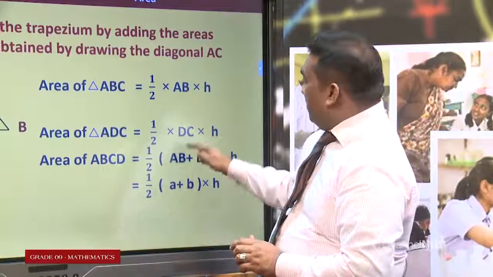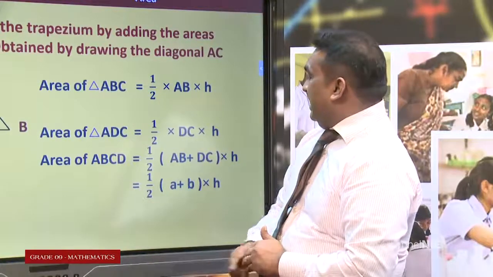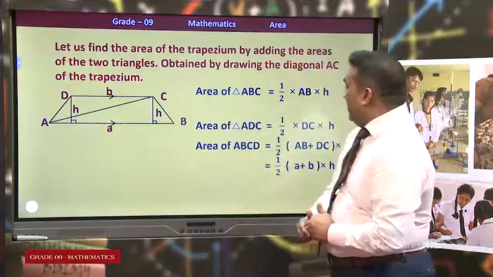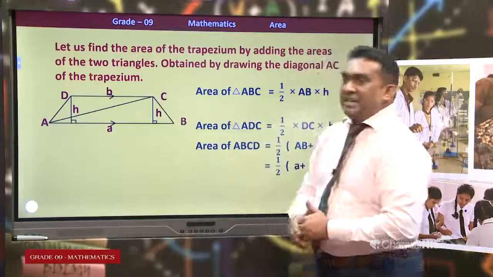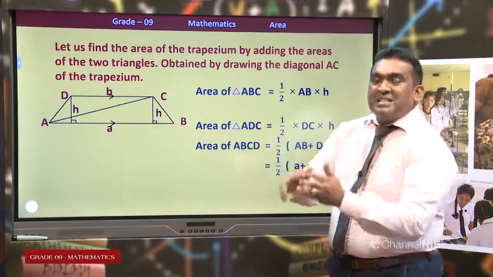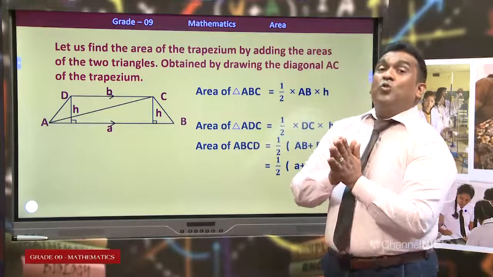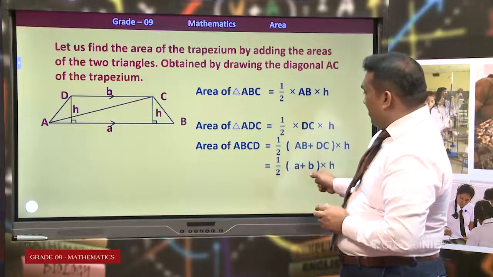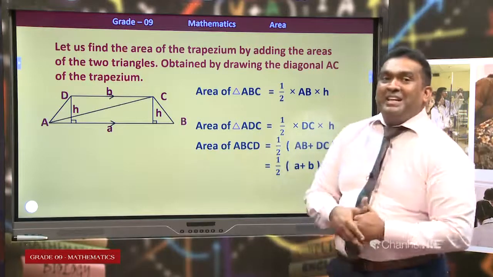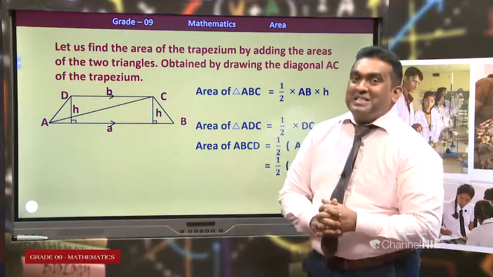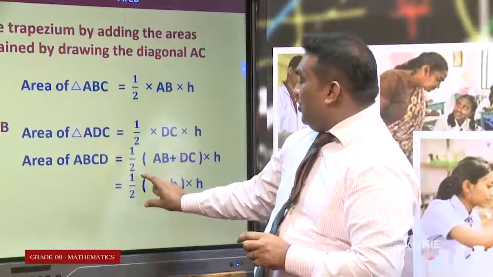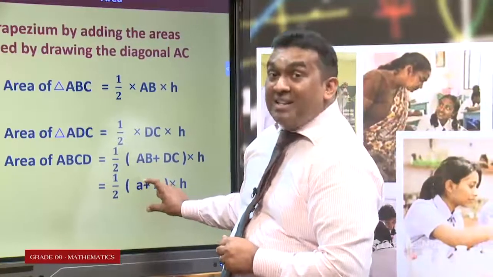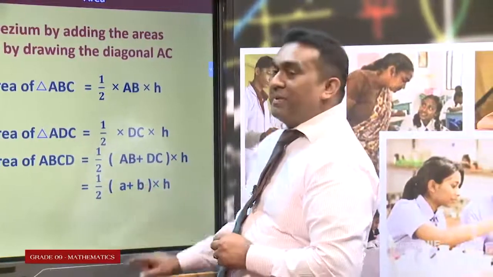Now, AB plus DC, where AB is a and DC is b, is the sum of lengths of the two parallel sides. The formula for the area of the trapezium is half into the sum of lengths of two parallel lines into perpendicular height.